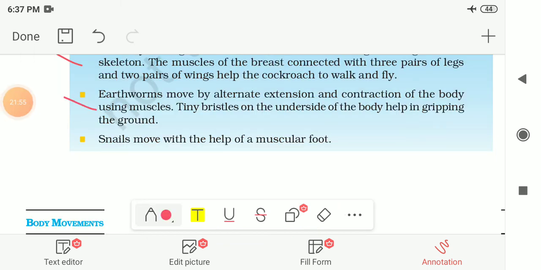Earthworms move by alternate extension and contraction of the body using the muscles, and tiny bristles on the underside of the body help in gripping the ground. And at the end we had seen that snails move with the help of a muscular foot. So these are the things we had seen in this chapter number 8, Body Movements.